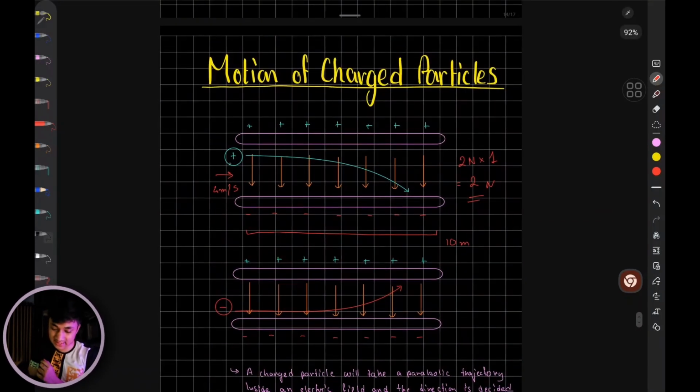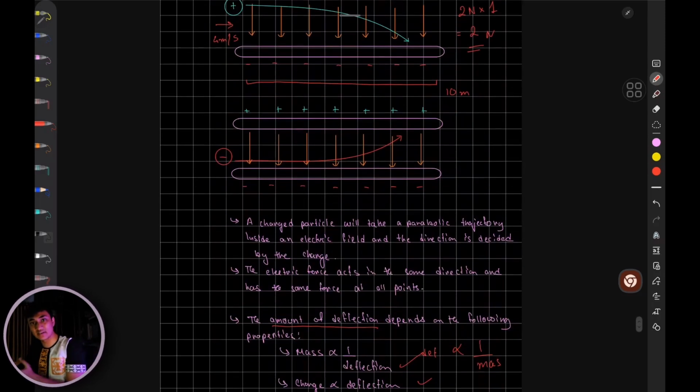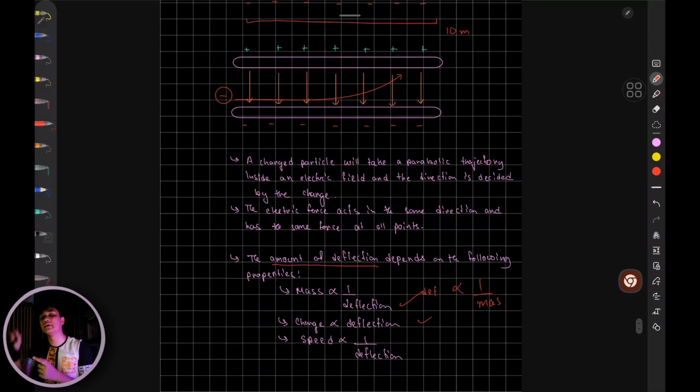Because this charge will spend less time between the charged plates, which is why the force will be unable to push it as much as in the previous cases where the speed was lower. As the speed increases, the charge spends less time, so the force does less work on the charge and pushes it less towards either plate, right? So if the speed is increased, your deflection is lower.